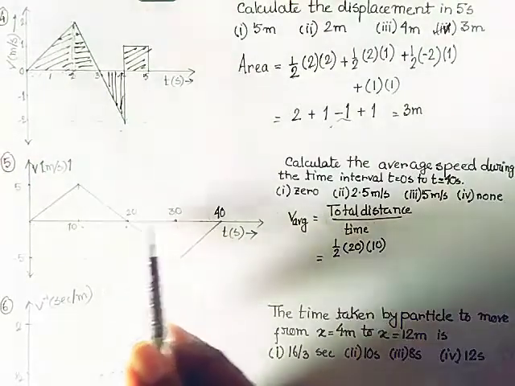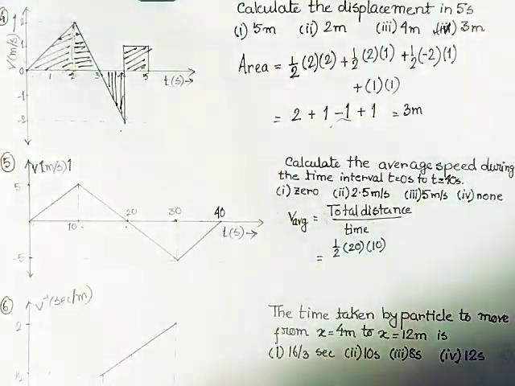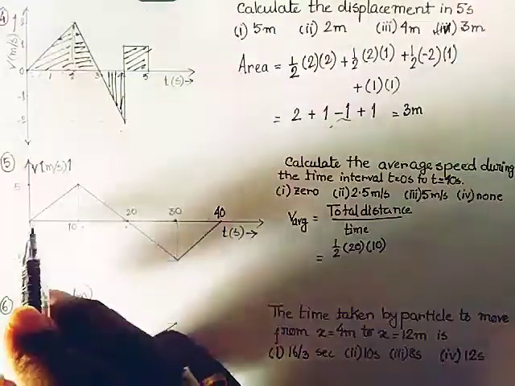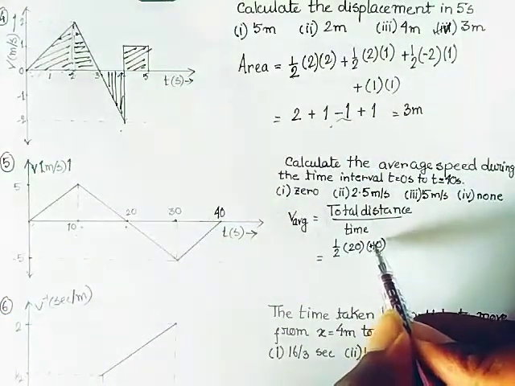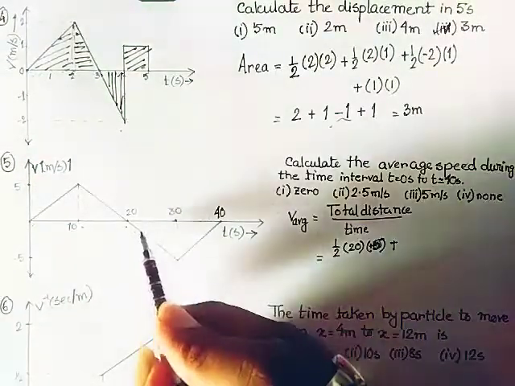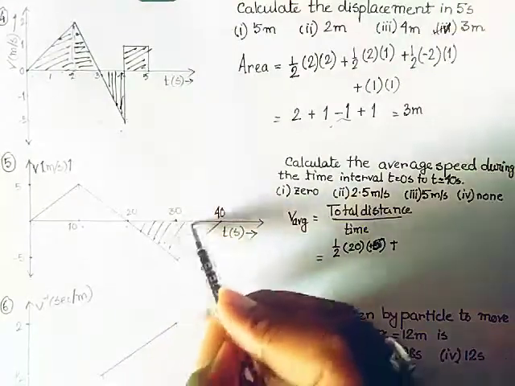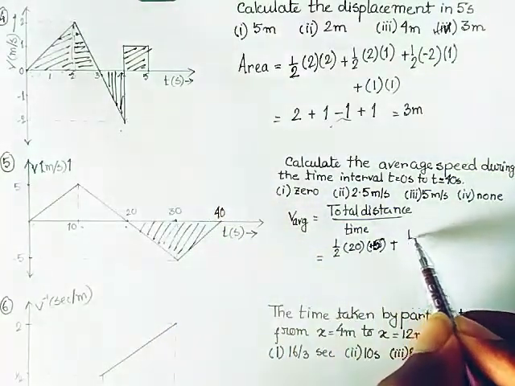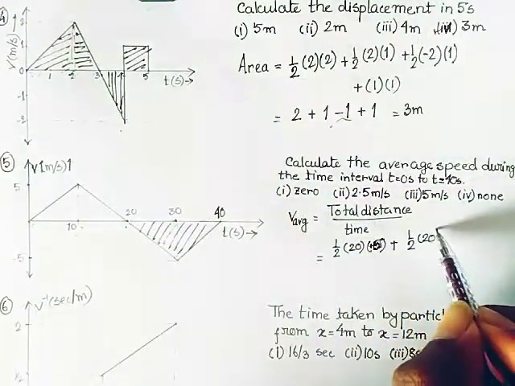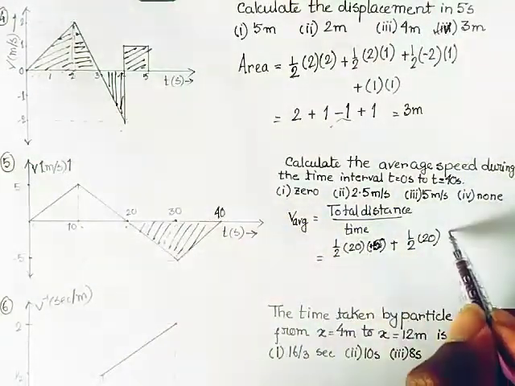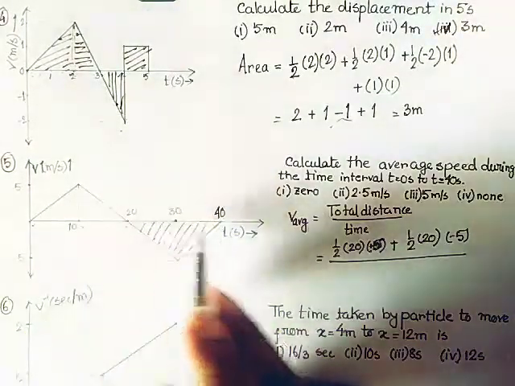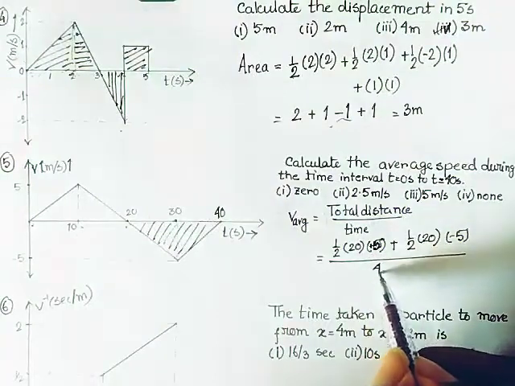Here it is from 20 to 40. So the base is again 20 and the height is -5. Sorry, here also the height is +5. Here also the height is +5. And here on this triangle, I am talking about this triangle. For this triangle, it will be 1 by 2, 20 to 40, the base is 20 and the height is -5, and the total time is 0 to 40, so it will be 40.